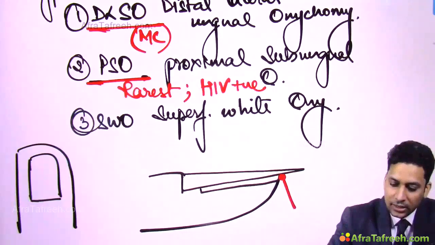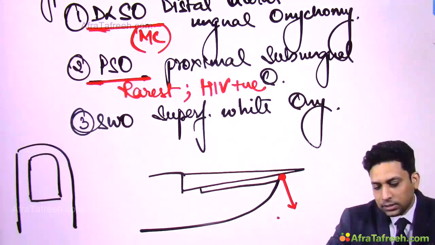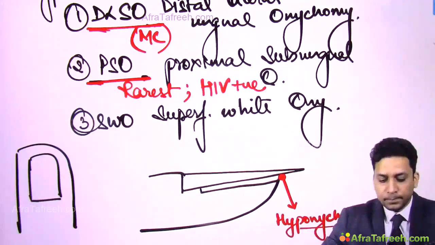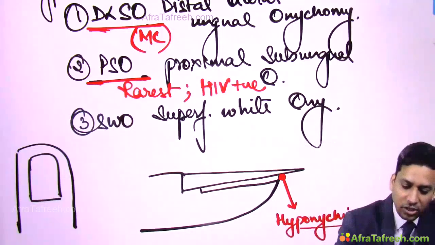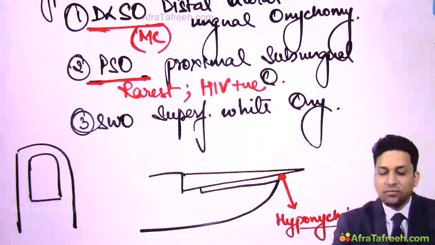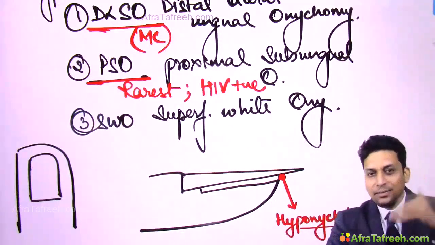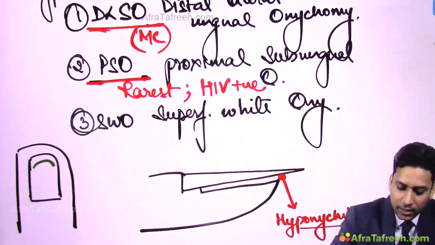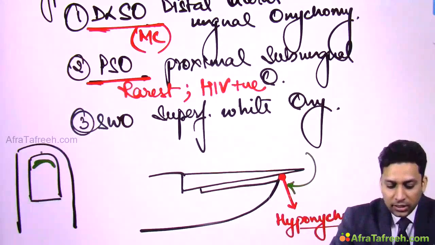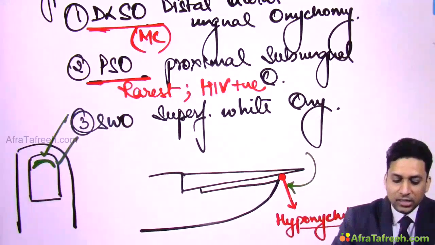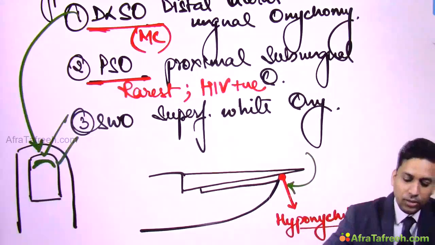This is the site, that is the distal and below the nail. So whenever fungal infection occurs, the first site which is involved is the hyponychium, which is distal and below the nail plate. So the distal area is involved first, and it is below the nail, subungual. So distal, a little bit of lateral, and below the nail, subungual. That's why this is the most common type.